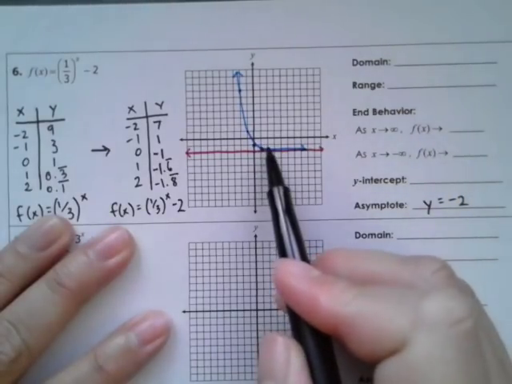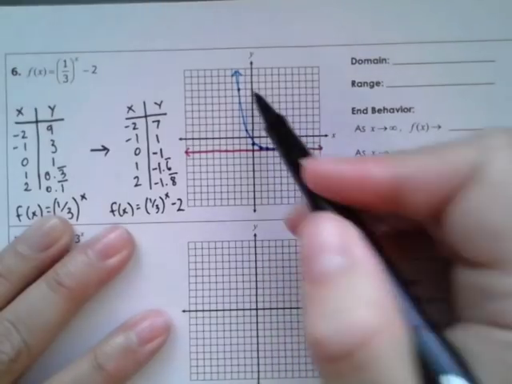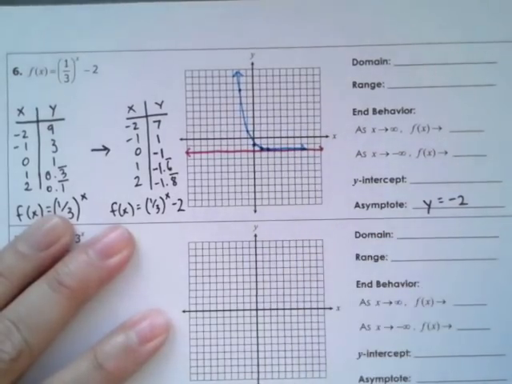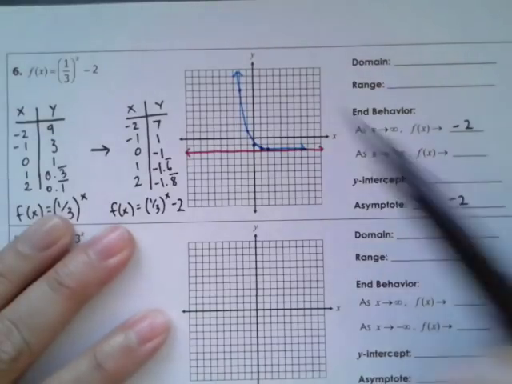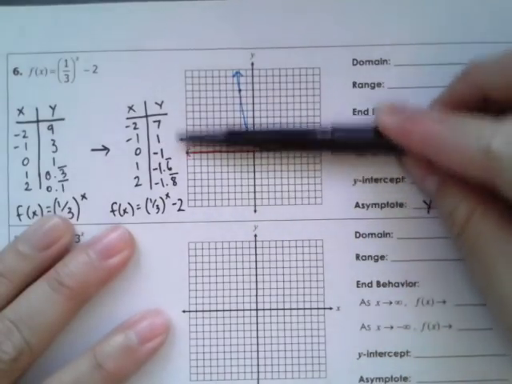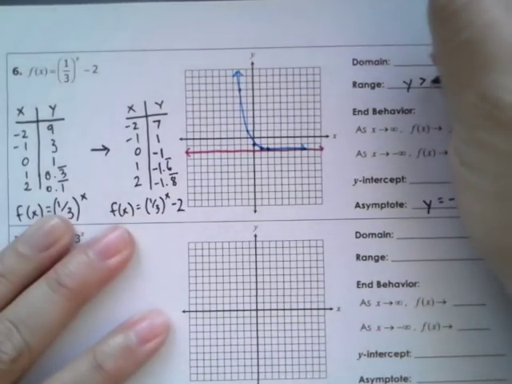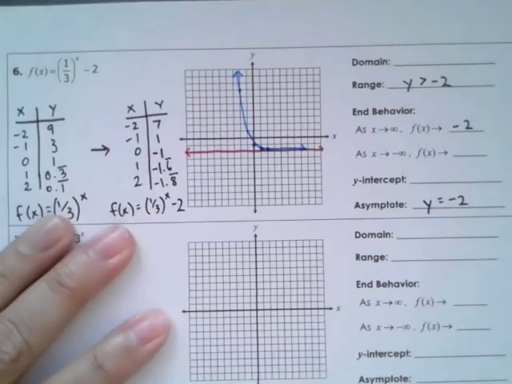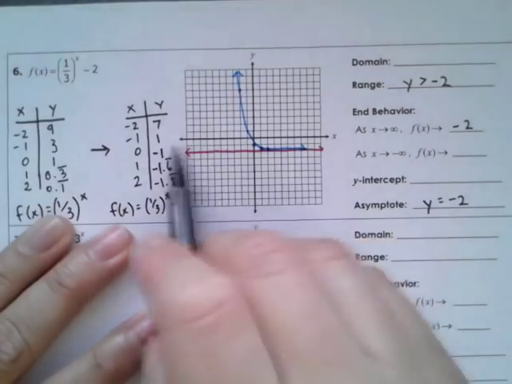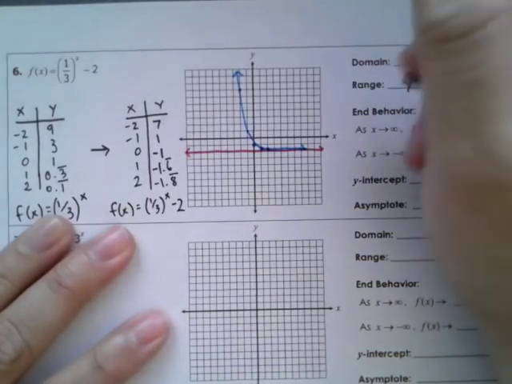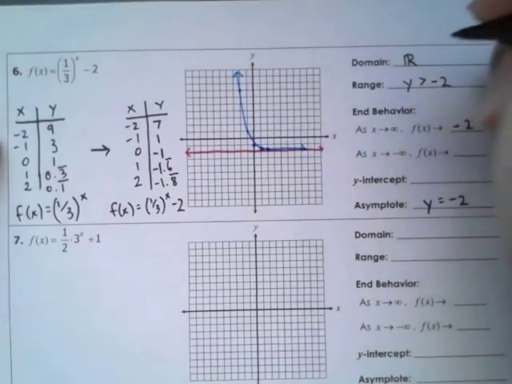As x goes towards positive infinity, f of x is going to keep getting closer and closer and closer to -2. And then my range, of course, is all y values greater than -2. There's no restriction to what I can plug in for my x values, so therefore my domain is all real numbers.